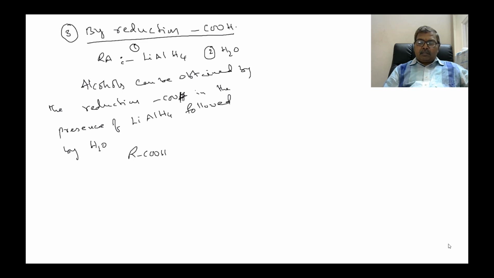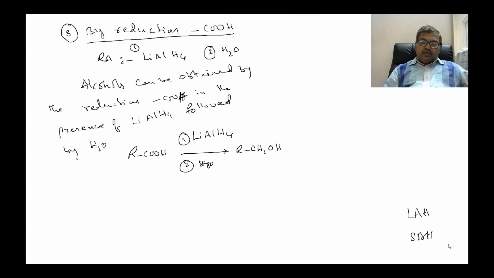RCOOH, general reaction, first step lithium aluminum hydride. Sometimes lithium aluminum hydride is represented as LAH also. Sodium borohydride, for example, is SBH. We get RCH2OH, generally a primary alcohol.